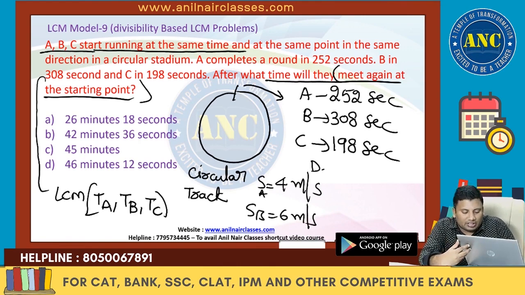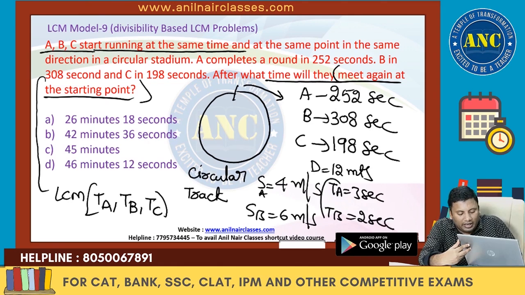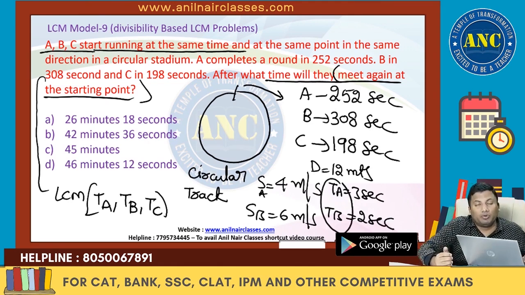If the distance is 12 meters, time taken by A will be 3 seconds and time taken by B will be 2 seconds. When will they meet? 3 and 2 will meet at 6, which is nothing but the starting point.